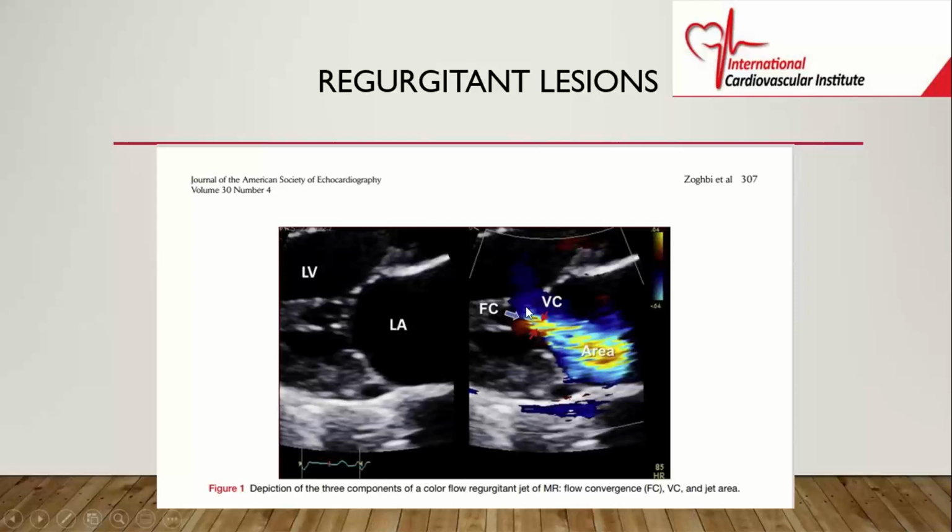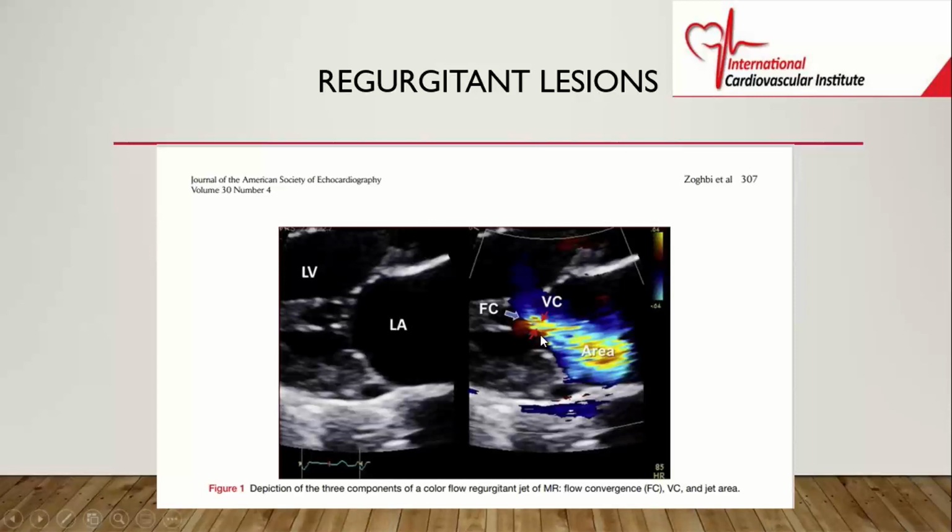At the regurgitant orifice, it's going to flow within a narrow area, okay? And the width of this regurgitant jet at the orifice is called the vena contracta. This is called the vena contracta.